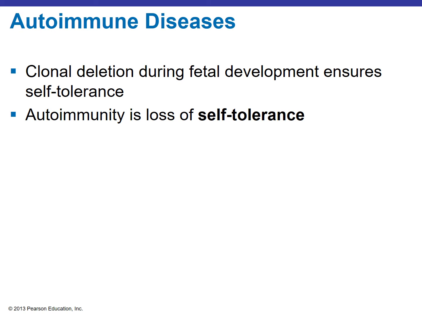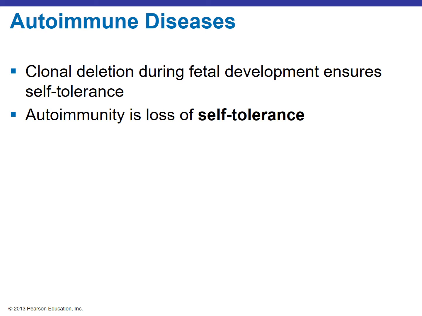So the autoimmune diseases occur when your immune system recognizes self-antigen. Normally, if during development of the B cells and the T cells, they recognized self-antigen, you would go through a process referred to as clonal deletion to ensure that you wouldn't have these autoimmune disorders.